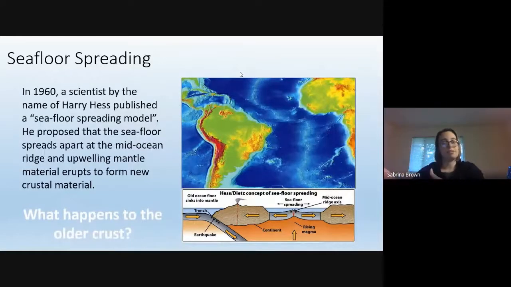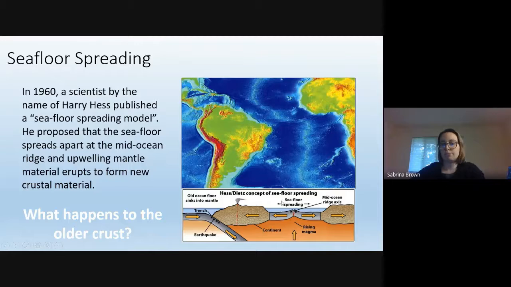Okay, so in 1960, a scientist named Harry Hess published something called the seafloor spreading model and proposed that the seafloor spreads apart in the mid-ocean ridge. At the mid-ocean ridge here, the seafloor is moving away from itself, splitting in half, because here we have upwelling mantle, like upwelling magma, active volcanism creating new lithospheric crust.